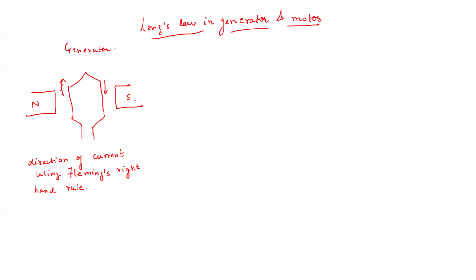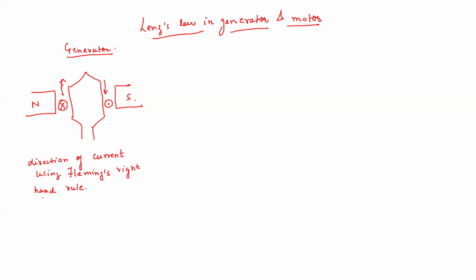When you do that, you will find that your middle finger is pointing into the plane. So this side is seeing the current induced as cross, and this side is seeing the current as dot.